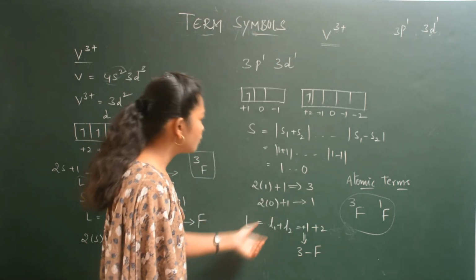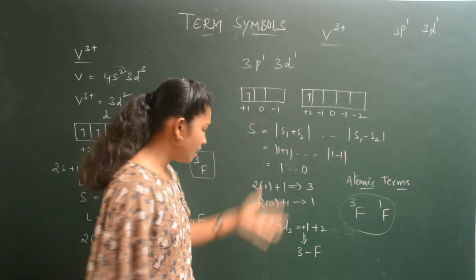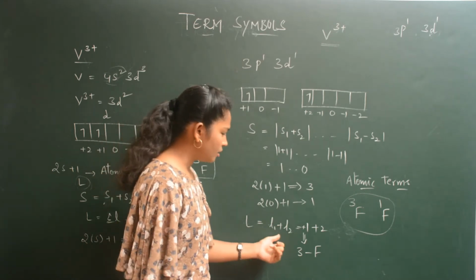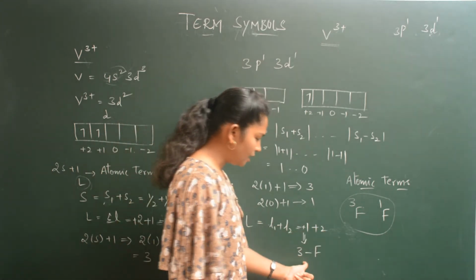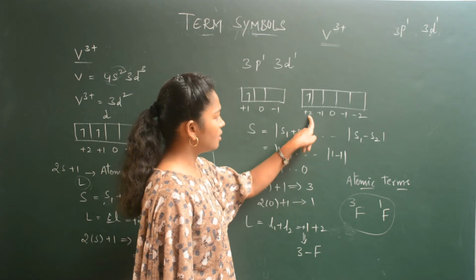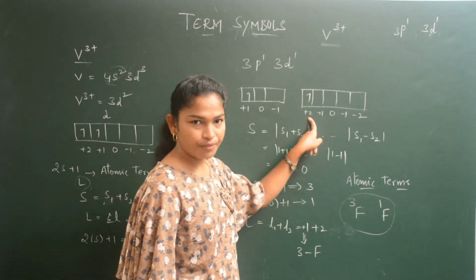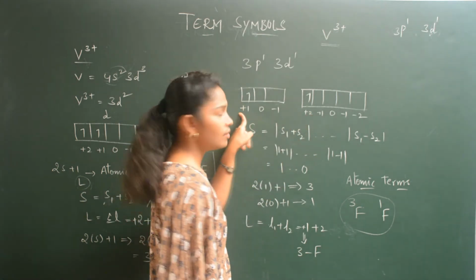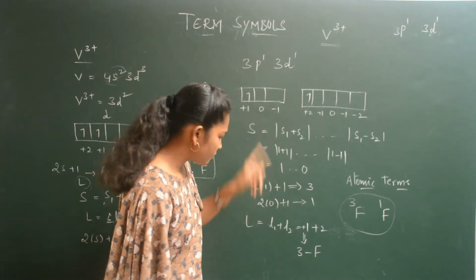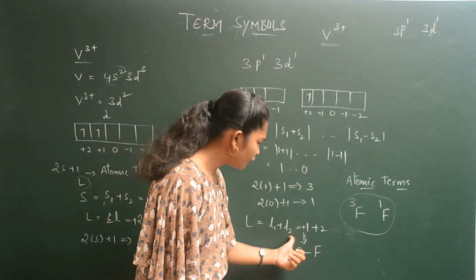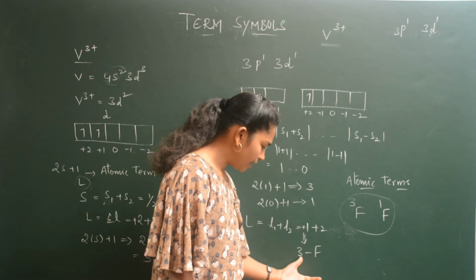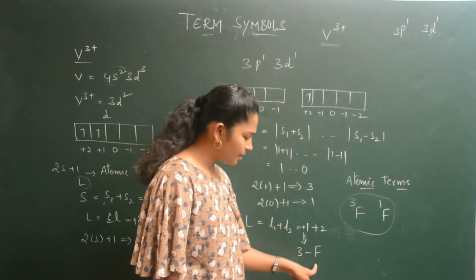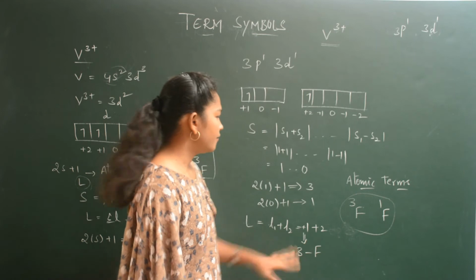Now for L values, the summation of L's, L is equal to L1 plus L2. So you got 3, because this electron has azimuthal quantum number 2, and this electron has value 1. So L1 is 1, L2 is 2, so 3. So for L is equal to 3, what is the term? F you write it.